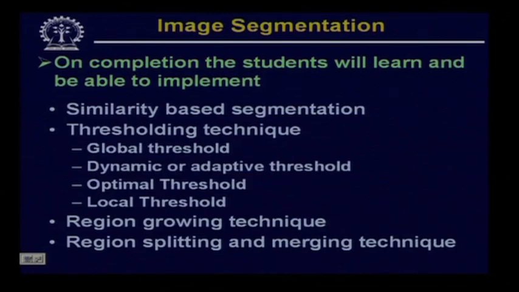Under the thresholding technique, again we have four different types of thresholding. One is called global threshold, the other type is called dynamic or adaptive thresholding. There is something called optimal thresholding, and there is also a thresholding operation called local thresholding. We will discuss these different region based segmentation operations, thresholding, region growing, and region splitting and merging, one after another.